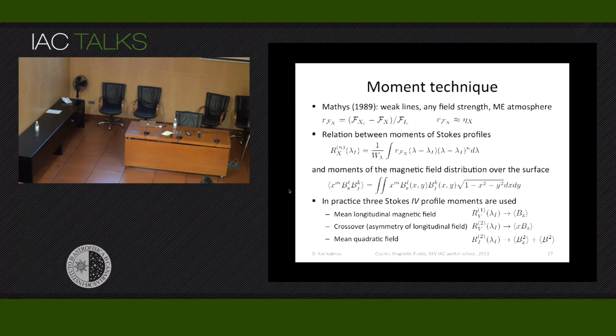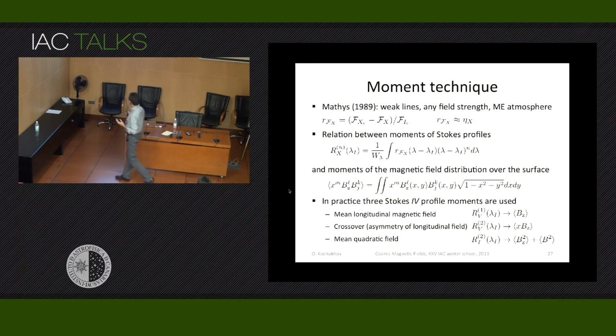This is integrated over the full extent of the line and normalized by equivalent width. So this is something derived from observation, okay? The moment of a Stokes profile. And we can have moments of order 0, 1, 2, 3, and so on for each of the Stokes parameters. It is possible to establish a relation between these quantities and these quantities, the surface moments of the magnetic field. These brackets here indicate integration over the surface.